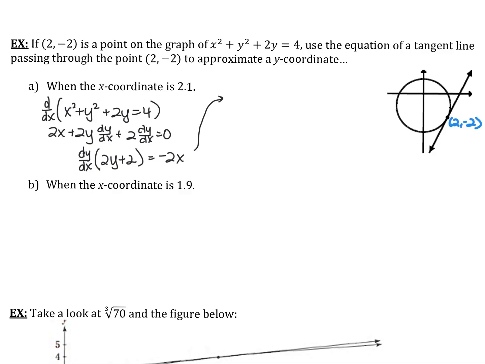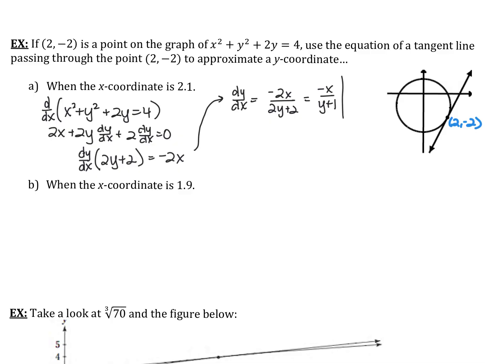So let's bring this up here. dy/dx would be -2x over 2y plus 2. And you could certainly simplify that. It might make our life a little bit easier to do -x over y plus 1. And this would be the slope for any point along the curve.